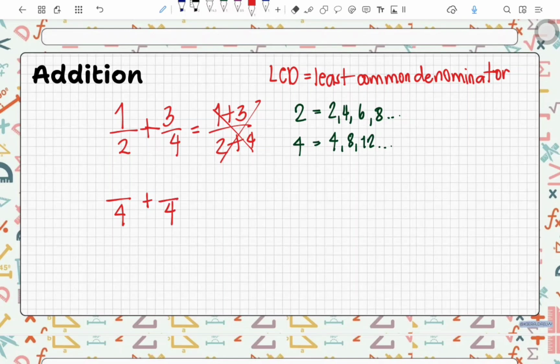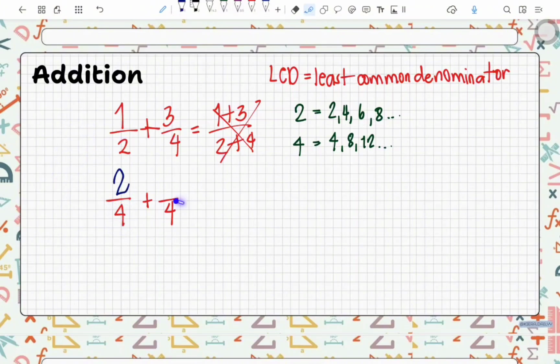Okay, now we have to change the 1 over 2 into blank over 4, and they should be equal. So how do we do that? That is 4 divided by 2 equals 2, multiplied by 1, equals 2.